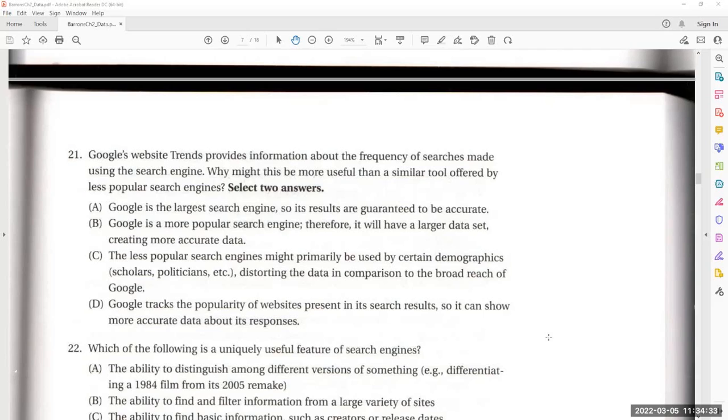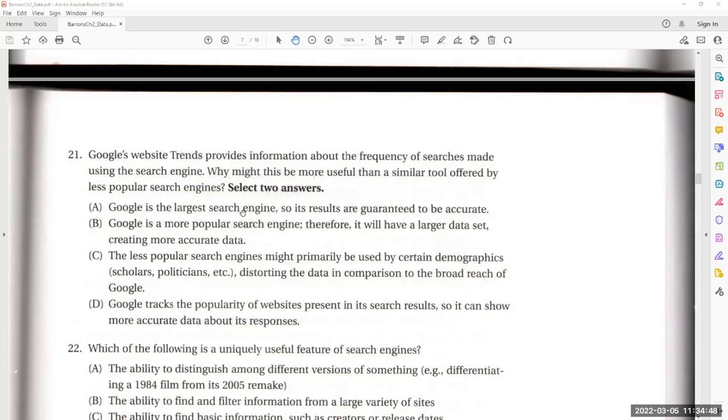Is it B and C? Google Trends will say which one is more popular, okay? More popular in terms of searching. So let's go through it one by one, very carefully.